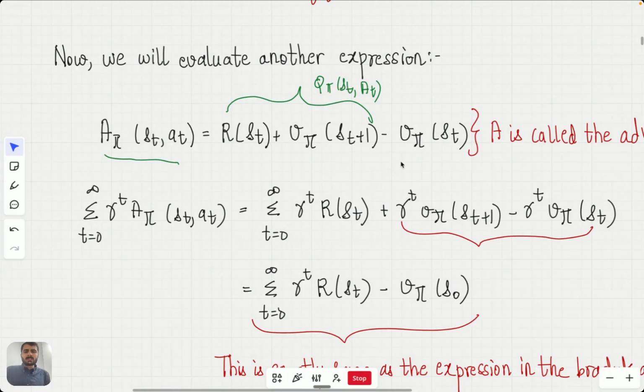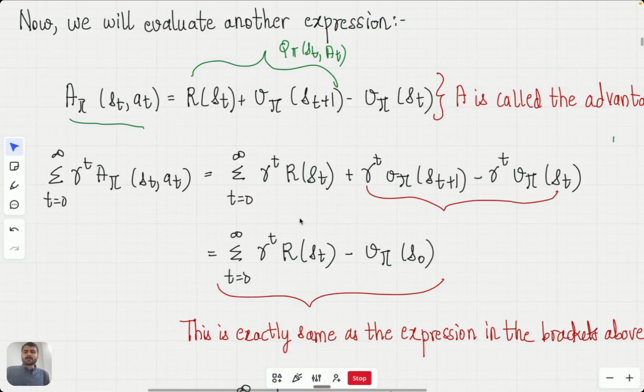Okay, now what we do is we take a summation of all of these advantages, and this summation is taken from t equal to 0 to t equal to infinity. So here we have taken summation of t equal to 0 to t equal to infinity, and this same summation runs over all these different terms.